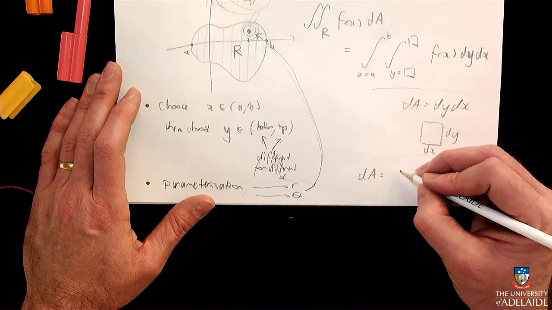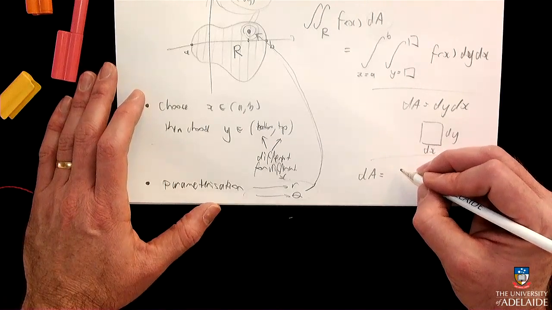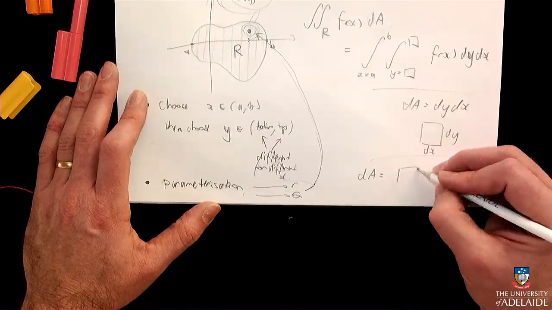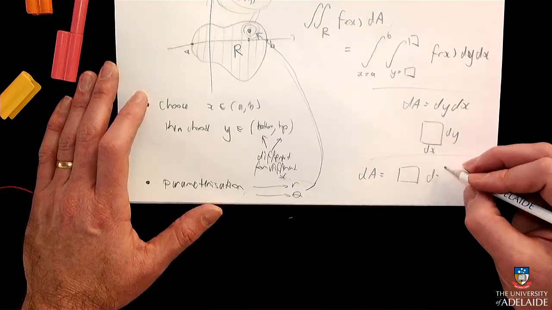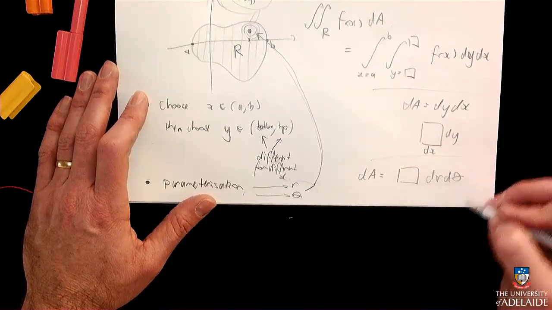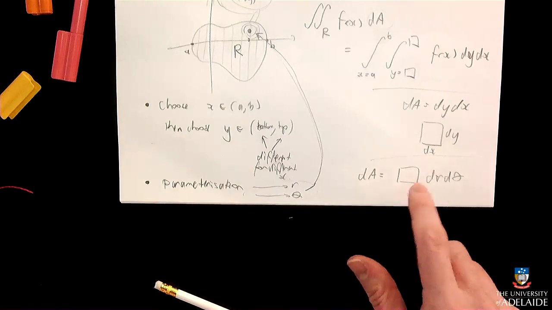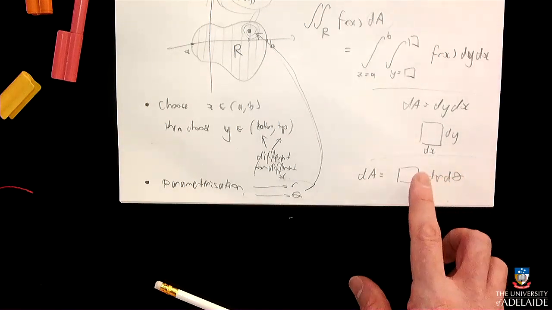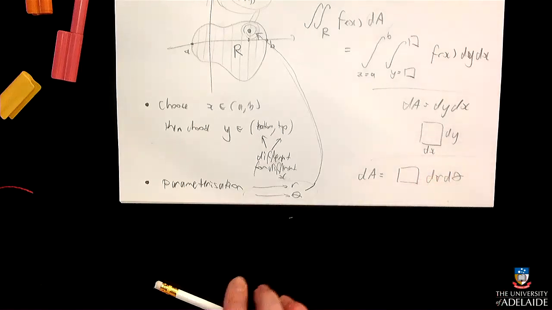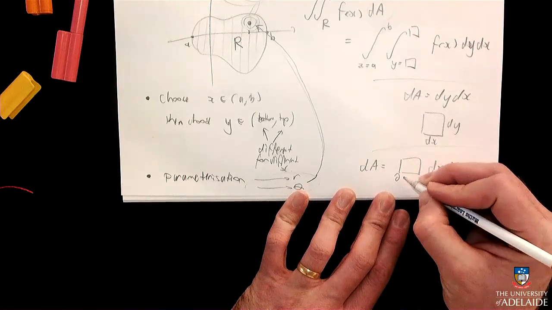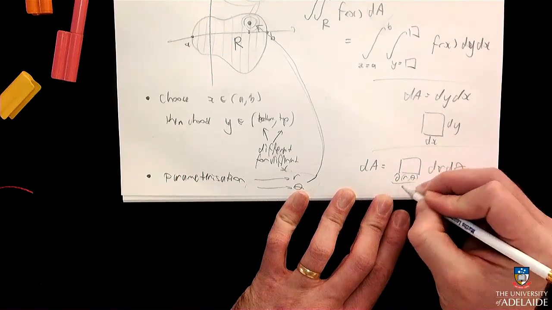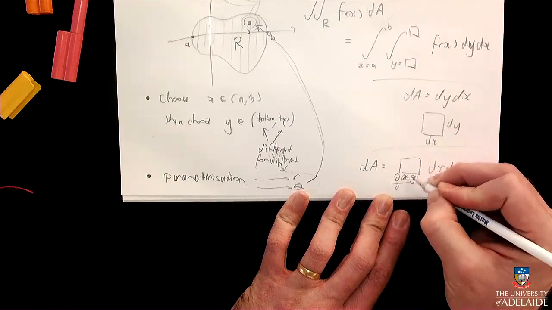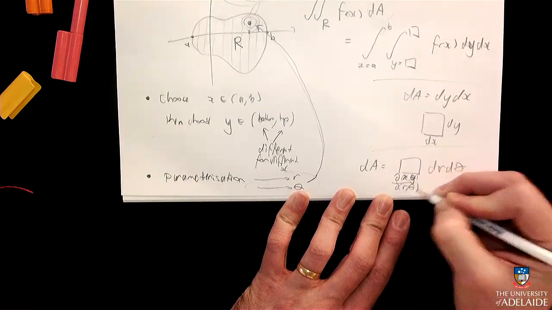J? I hope they call it J, like a Jacobian. Anyway, it's a thing times dr d theta. And this thing will be a derivative that tells you how dx and dy change when dr and d theta change. So I think it's like dxy on dr theta, something like that.